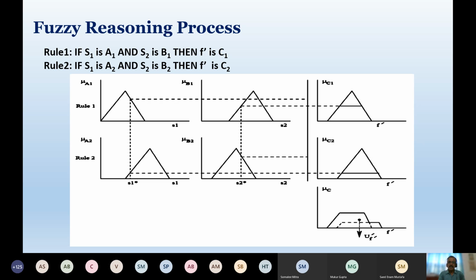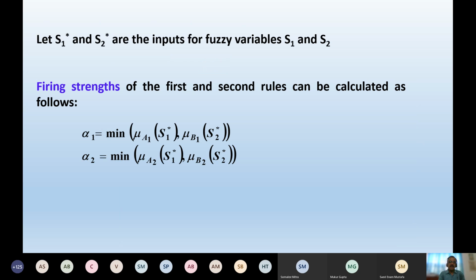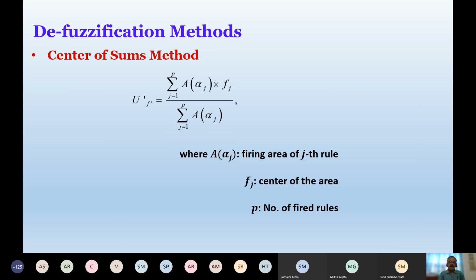And what will be the center of area? From symmetry, it is the midpoint. Similarly, for each of the fired rules, you find the area and center of area. So A alpha j is the area and f j is the center of the area.